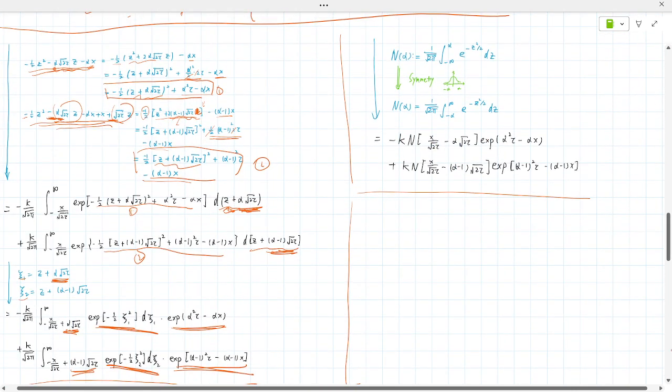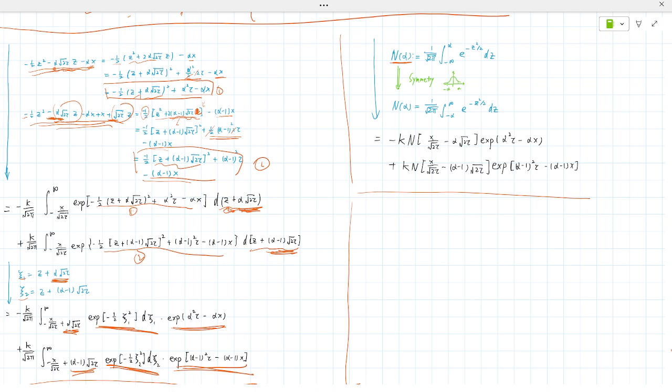We define N of alpha as 1 over square root 2 pi of these, so pretty much integrated as the error function. And due to symmetry, you integrate it from negative infinity to alpha equals from negative alpha to positive infinity.